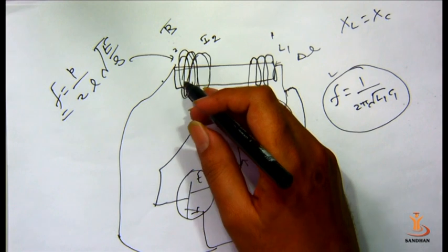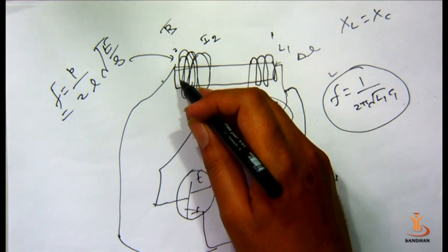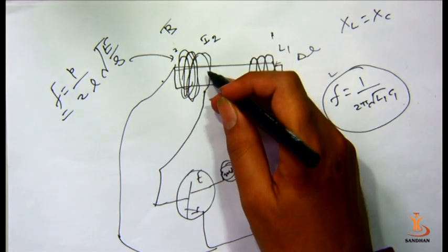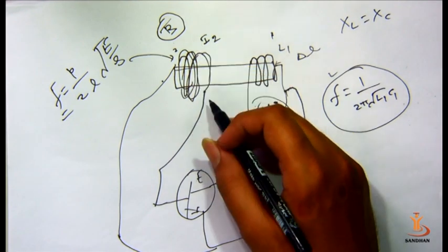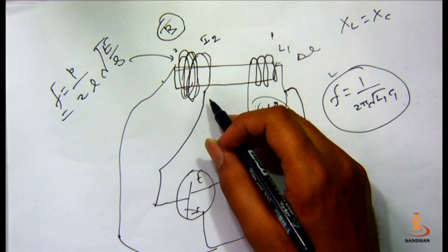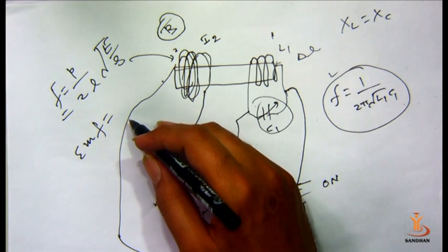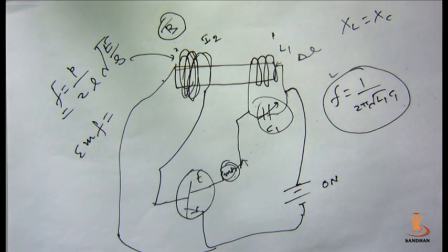So the position of the ferromagnetic rod is continuously changing, and in this situation the rod is subjected to a certain value of magnetic field. So what happens? EMF, electromotive force, is generated by inductor L2. In this way we are giving the output portion to the input, and we are able to maintain continuous ultrasonic waves.